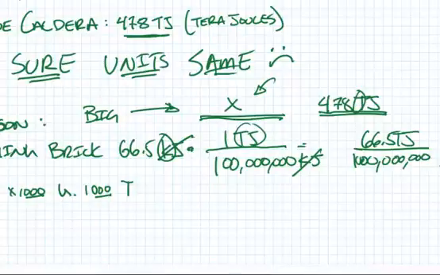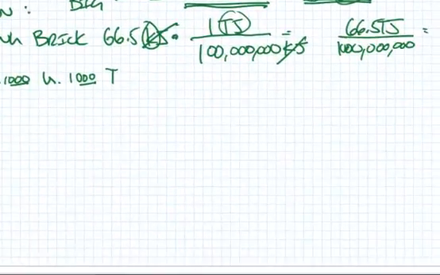Okay, now we hit equals, and that provides us with a really small number, 0.0000000665 terajoules. That should be a T, terajoules. Now that we have the units that are the same, we can compare them.